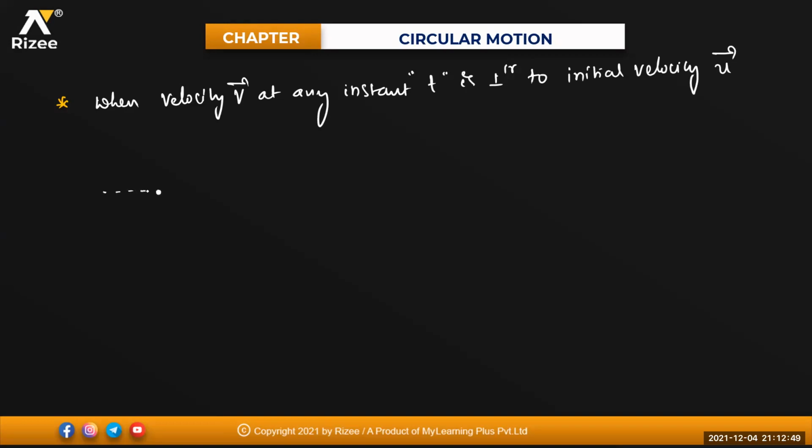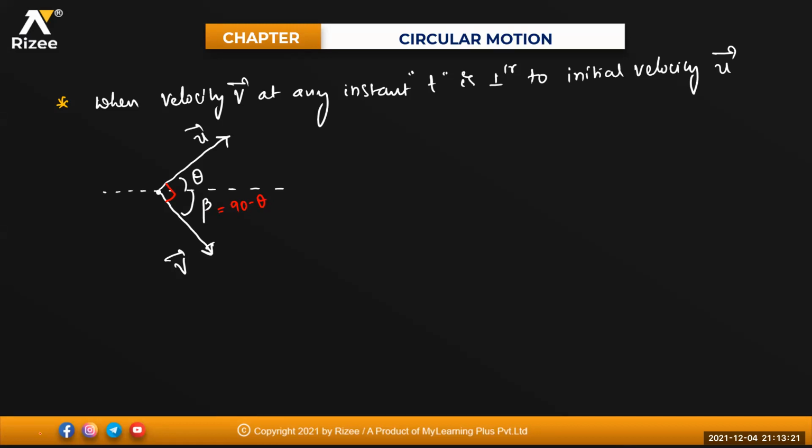This is your horizontal component. Here is the velocity u bar, which makes an angle theta, and here is v bar, which makes an angle beta. Velocity v bar is perpendicular to the initial velocity, which means the angle between both of them is 90 degrees. So beta will be equal to how much? 90 minus theta, can I write?